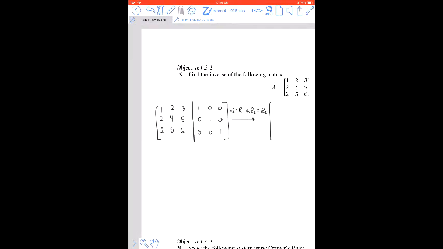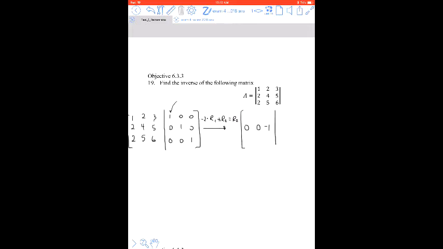So let's try that. So starting there, negative 2 times 1 is negative 2. Negative 2 plus 2 is 0. That's going to go in row 2. Now starting here, negative 2 times 2 is negative 4. Negative 4 plus 4 is 0. Now starting here, negative 2 times 3 is negative 6, plus 5 is negative 1.